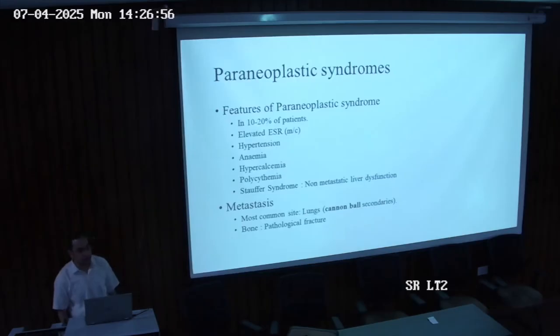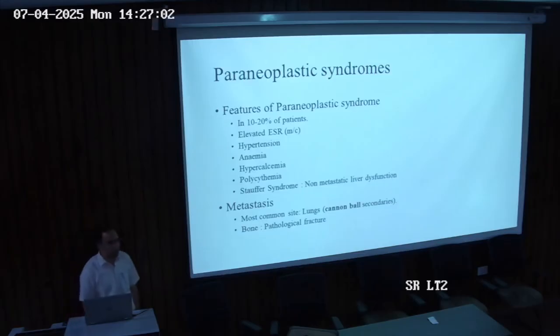The treatment of Stauffer syndrome is radical nephrectomy. After removal of the kidney, all the liver enzymes will settle down. This is also a question: the treatment of Stauffer syndrome is radical nephrectomy.